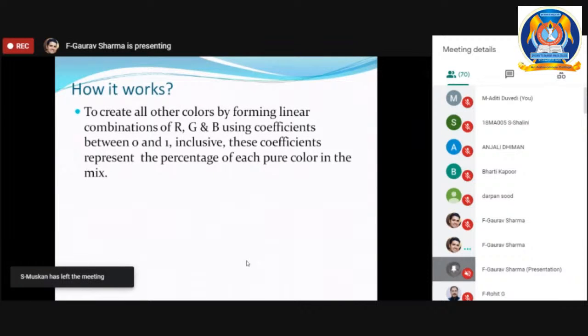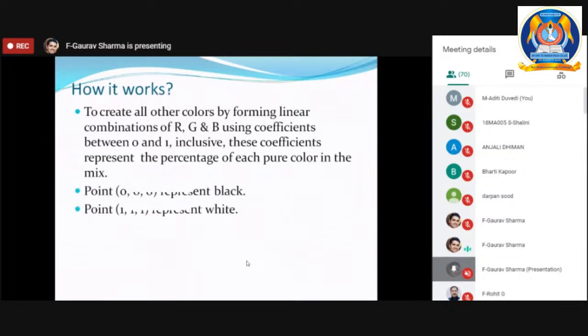One thing to notice here is what our black color and white color will be. White color doesn't need any mixing of any color. First of all, we give coordinates to these two colors. For black, we have 0, 0, 0. If it is the 0, 0, 0 coordinate, then it is black. And for white, it is 1, 1, 1. So all other colors will lie in this cube, because we are talking about 3-dimensional space.